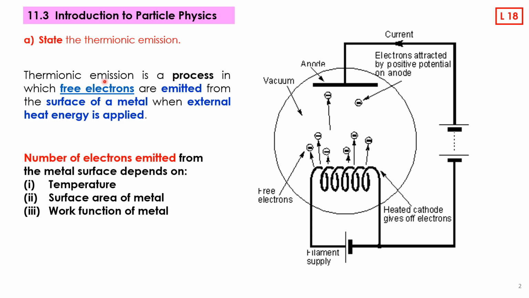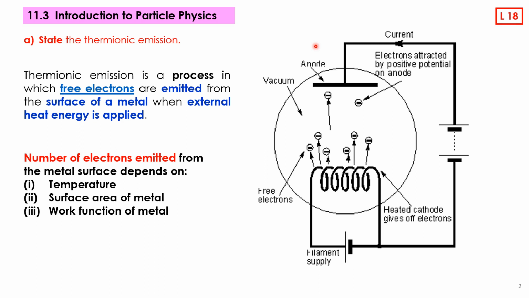Thermionic emission. Thermionic emission is a process in which free electrons are emitted from the surface of a metal when external heat energy is applied. In other words, when this metal is heated, free electrons, which are the valence electrons from these metals, will escape from the attraction of the atomic nuclei.